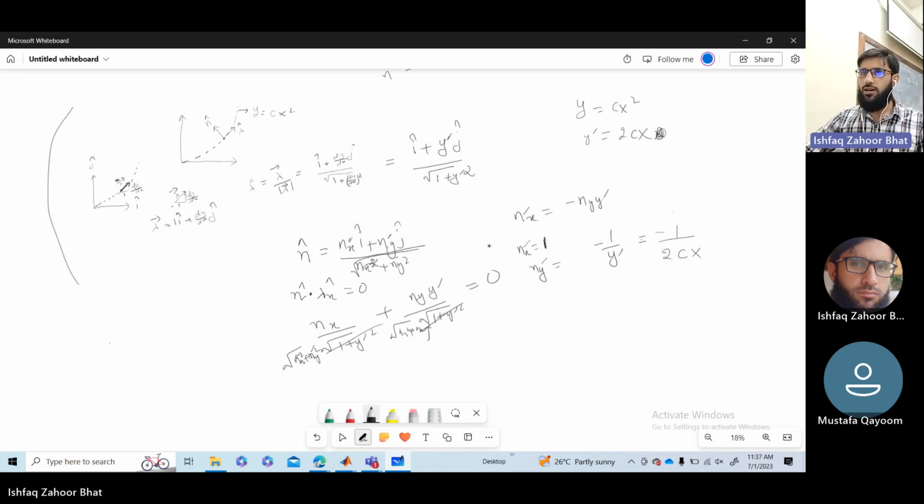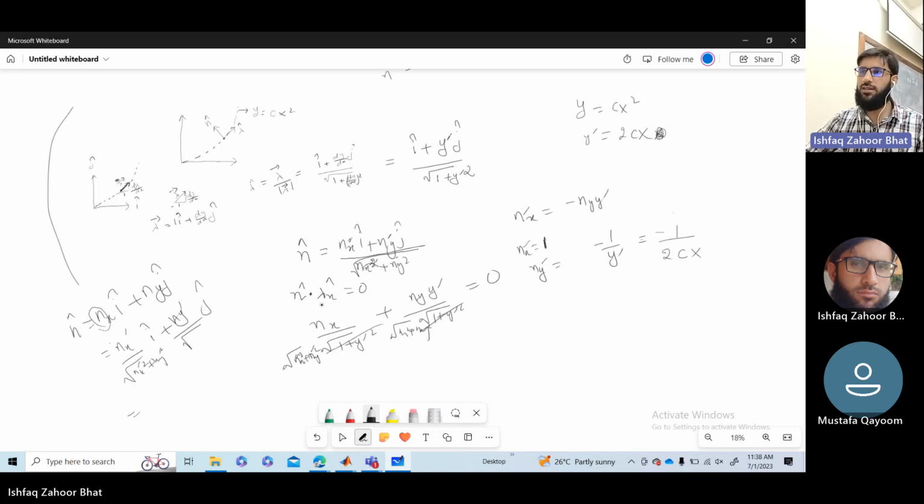Okay, so now previously we know that our n was nothing but nx i plus ny j, and this was equal to this thing. What is now the x component? The x component is nothing but nx dash upon under root of nx dash square plus ny dash square i, plus ny dash upon the same thing j.